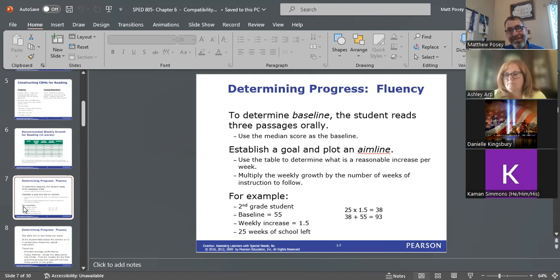And we hope with this aim line that at the end of 6 weeks, we hope to see little Johnny out here at 54 or 75, whatever it is after we calculate that, okay? So remember the 3 lines: baseline, aim line, intervention. Remember those from tonight.